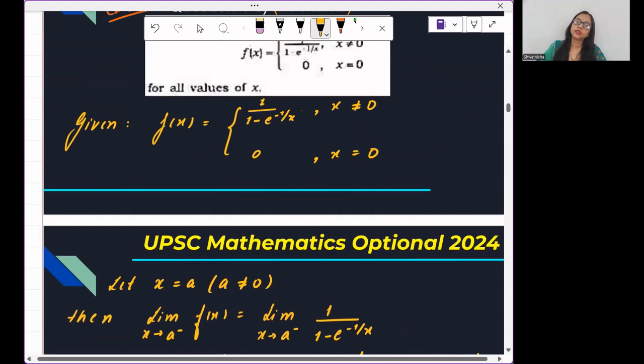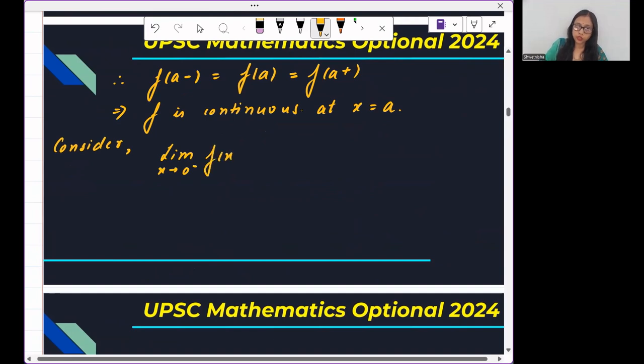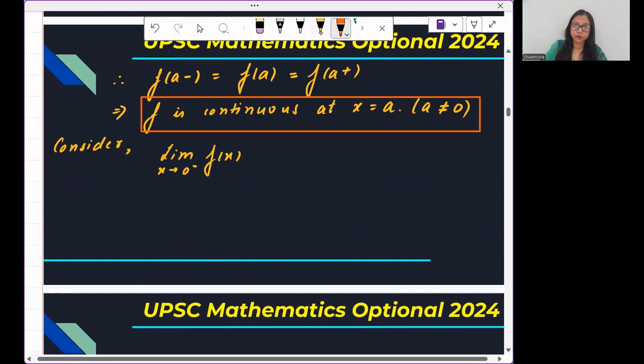Okay, now let us consider 0. Now consider limit x tends to 0 negative of f(x). That is equal to limit h tends to 0 of 1 upon 1 minus e raised to power minus 1 by h.